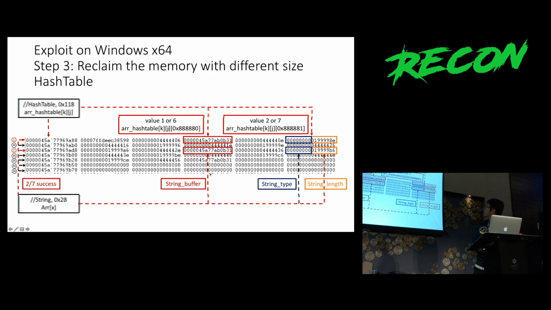And the string buffer is the HashTable value. We can change this HashTable value dynamically, and we use string to read any object here. So the success rate is 2/7.